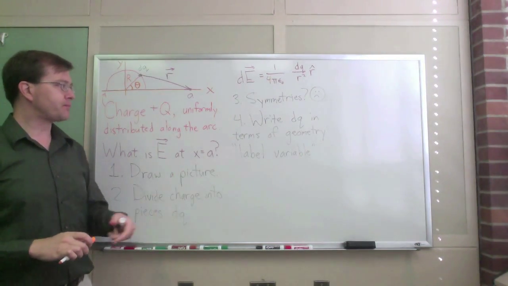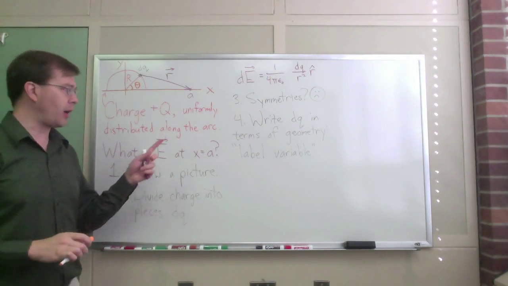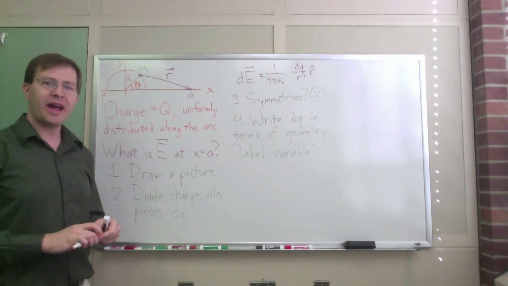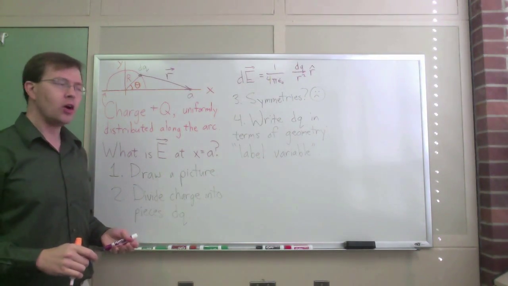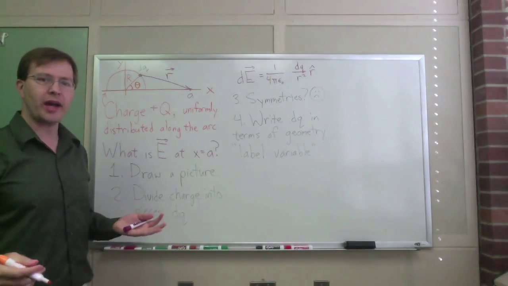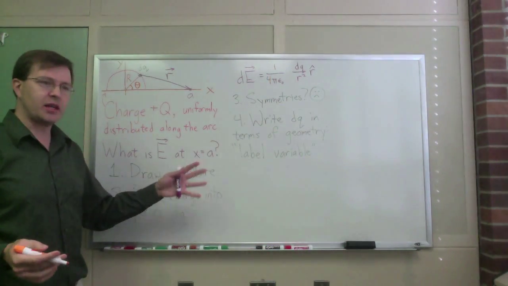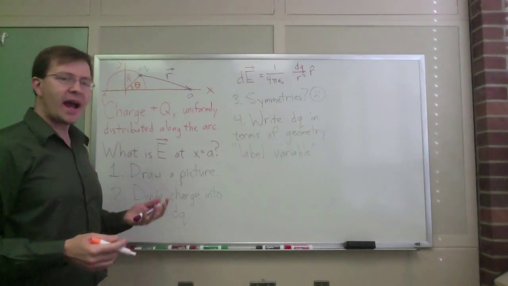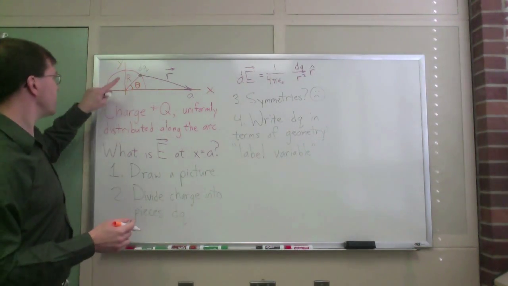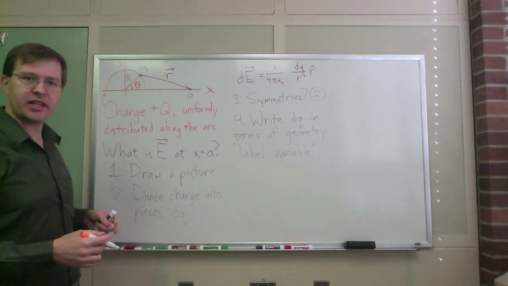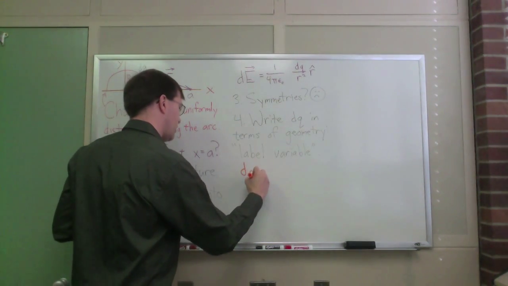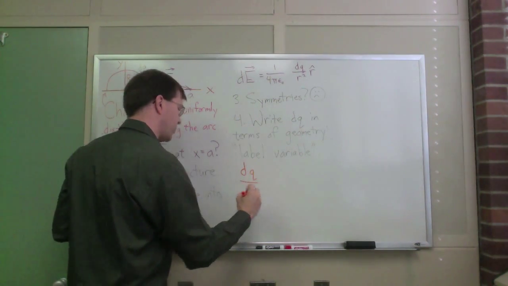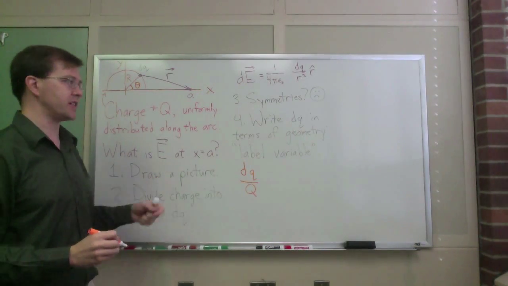So I've chosen a label variable theta, and to figure out how to write dq in terms of that theta, there are a lot of ways of thinking about it, but I'd say, what fraction of the total charge is in that little dq? Well, dq divided by total charge q is the fraction of total charge that's in there.